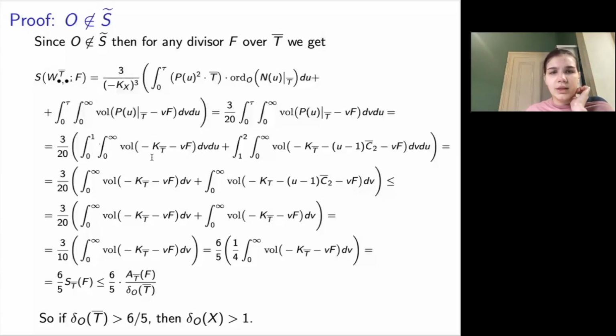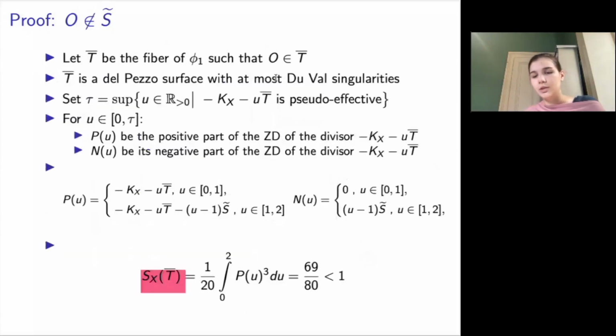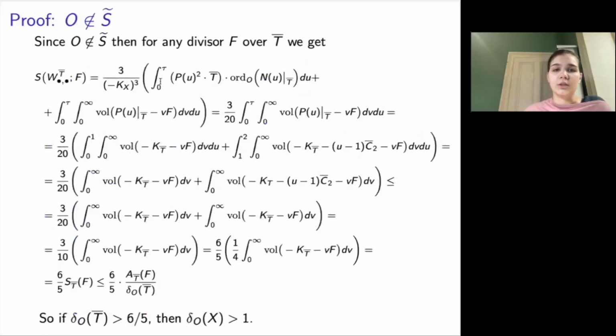Since the negative part of the Zariski decomposition here consists just of S tilde, and we assume that this point does not belong to S tilde, we can just get rid of the first part of our integral and concentrate on the second one.